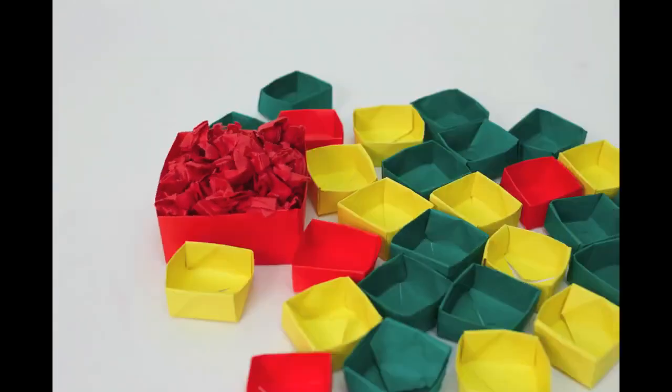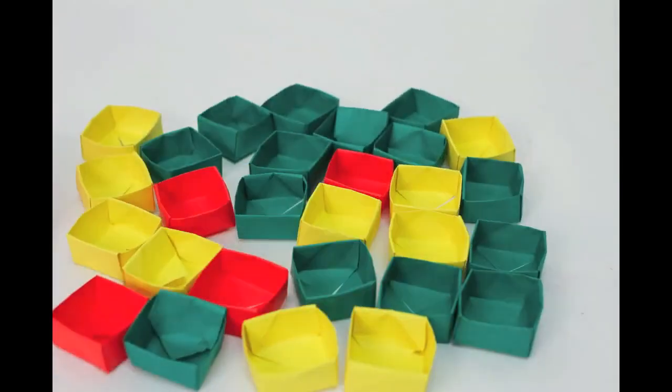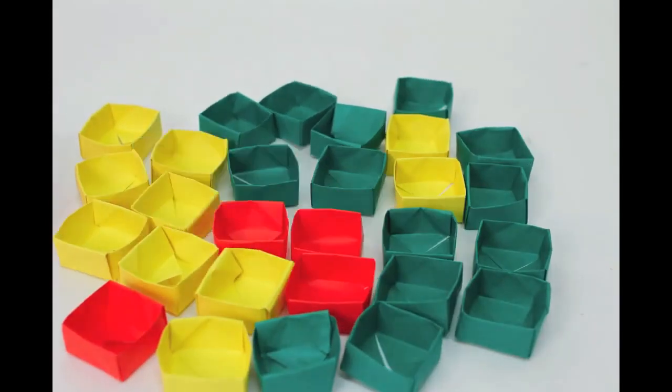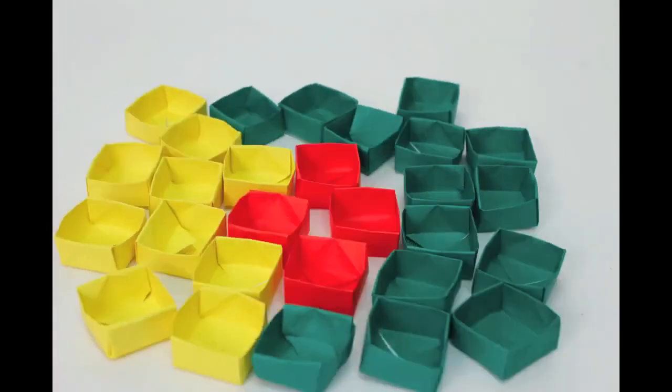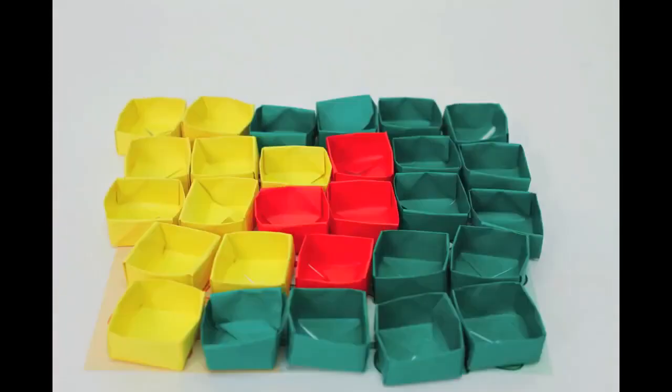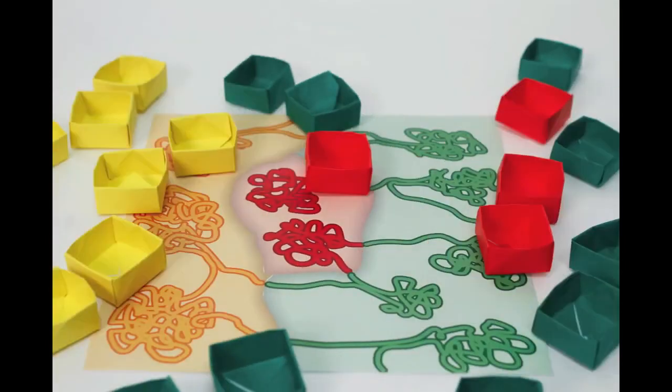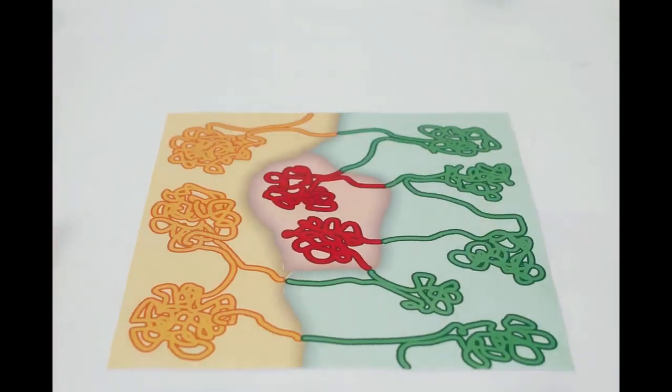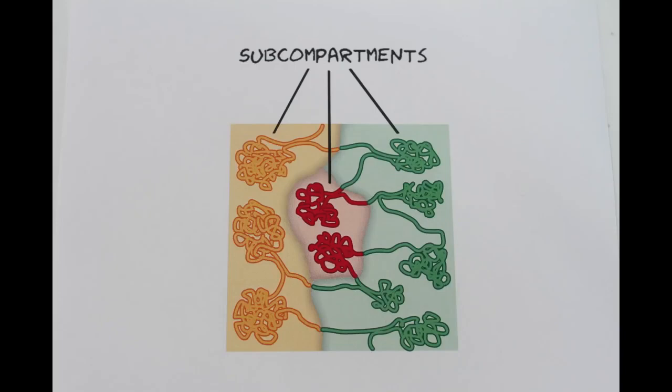There are many of these domains in the nucleus. We found that domains with similar marks tend to be located in the same place inside the nucleus. This is accomplished by creating nuclear subcompartments, spatial neighborhoods where domains with the same flavor hang out.